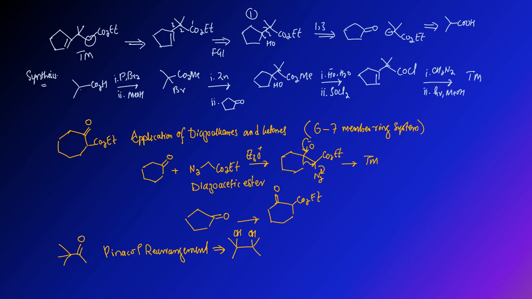this is a useful method, especially pinacol rearrangement is a useful method for making a tertiary alkyl ketone, because this is protonated and we get a system like this, in which we have a tertiary ketone, tertiary alkyl ketone.